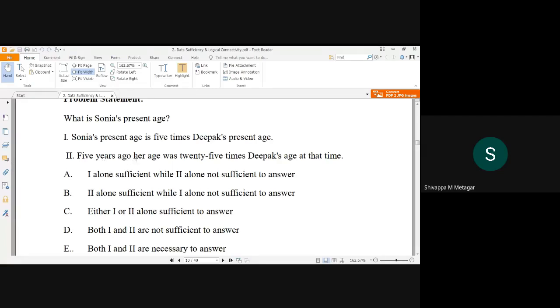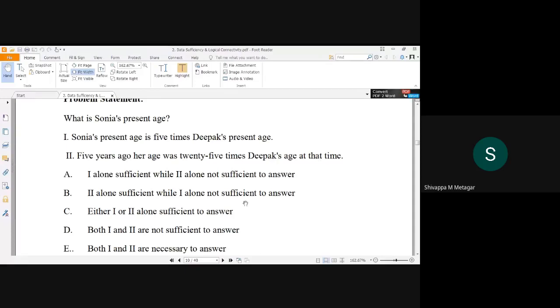Ago means you have to subtract, and hence means you have to add. 5 years ago her age was 25 times Deepak's age at that time, so S minus 5 equals 25 into bracket D minus 5.